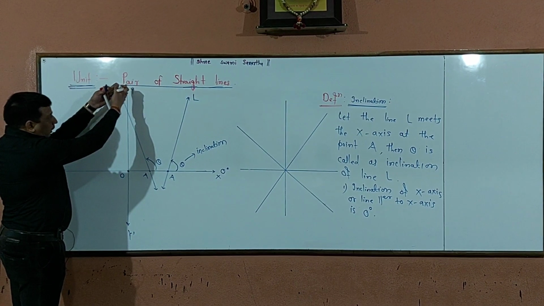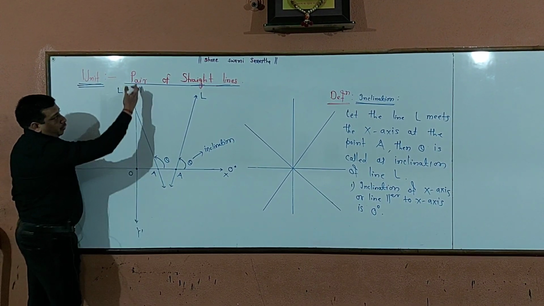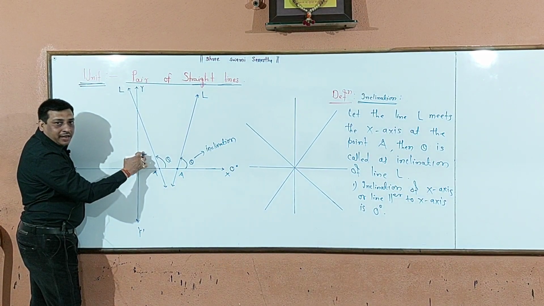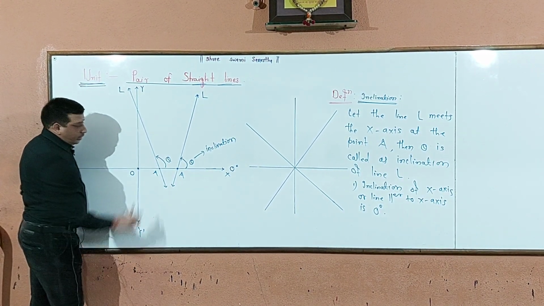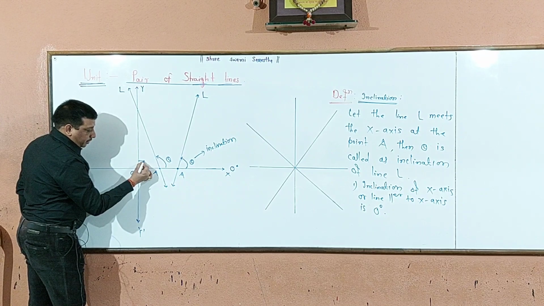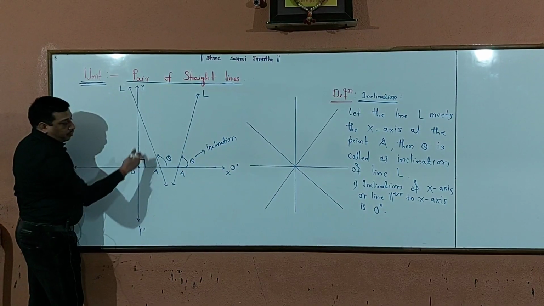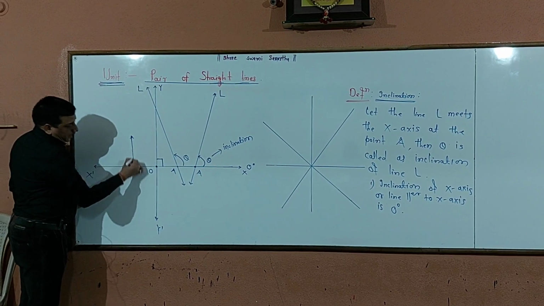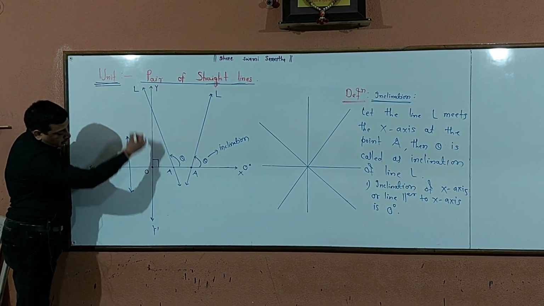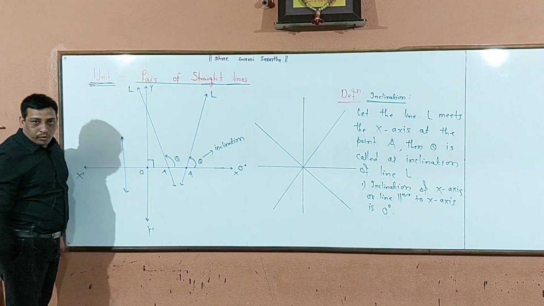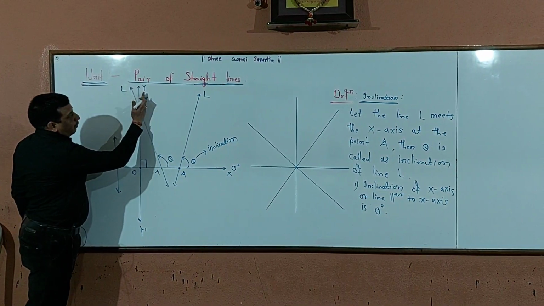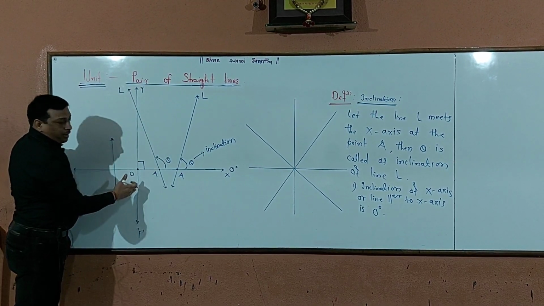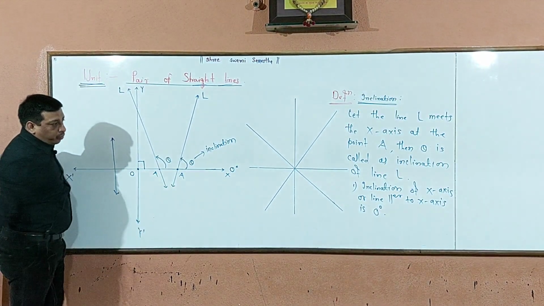Then the inclination of the y-axis. The x-axis and y-axis are mutually perpendicular to each other. So consider the inclination of the y-axis or a line parallel to the y-axis, that is, the angle made by the y-axis with the x-axis, or with the horizontal.